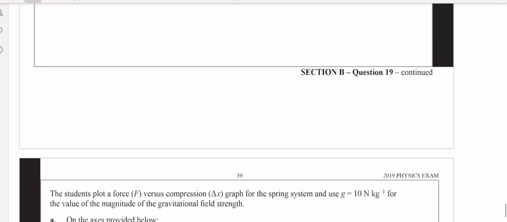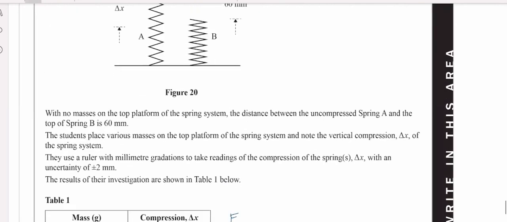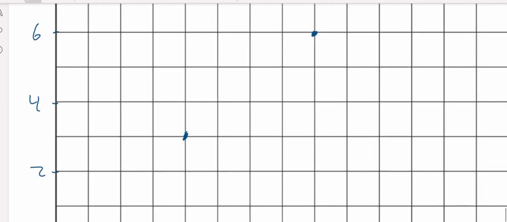Error bars is 0.002. Can't do it accurately, but just make it so it's horizontal.